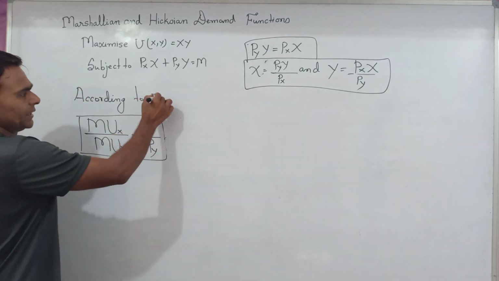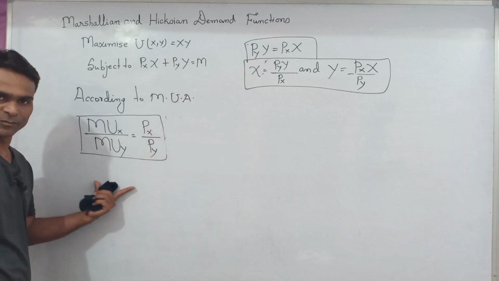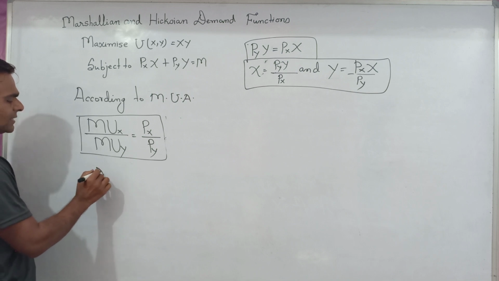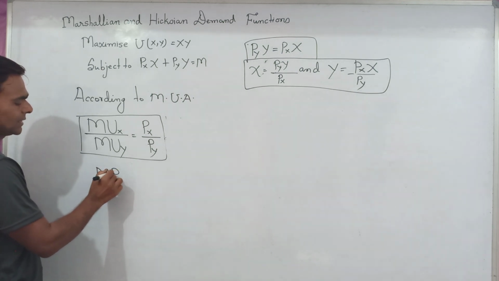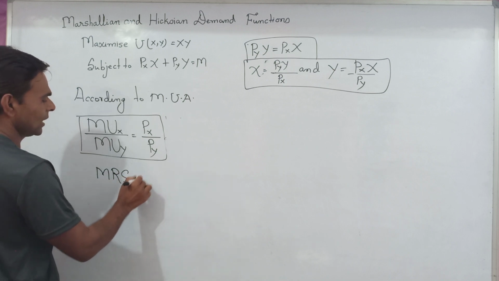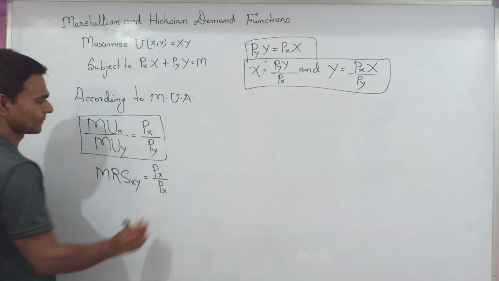According to Marshallian utility analysis, we have seen previously, and according to indifference curve analysis, the marginal rate of substitution of x for y equals the ratio of prices.